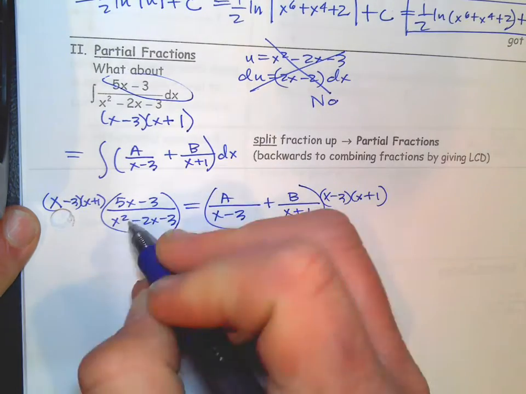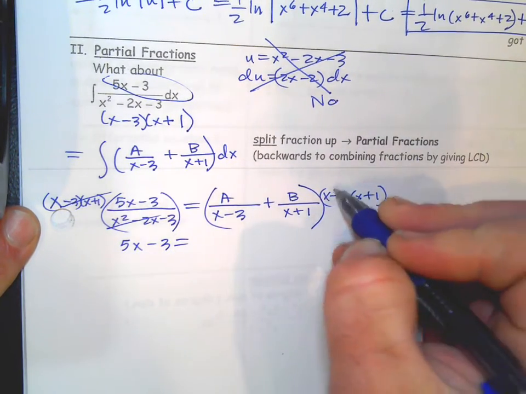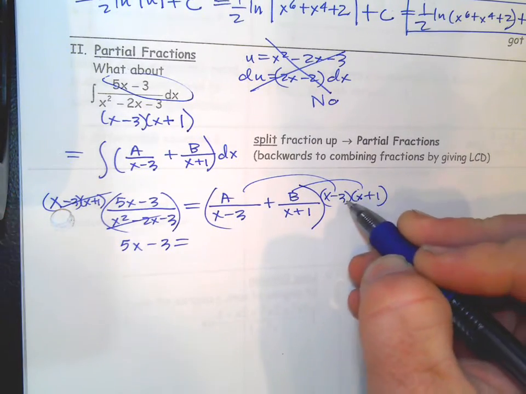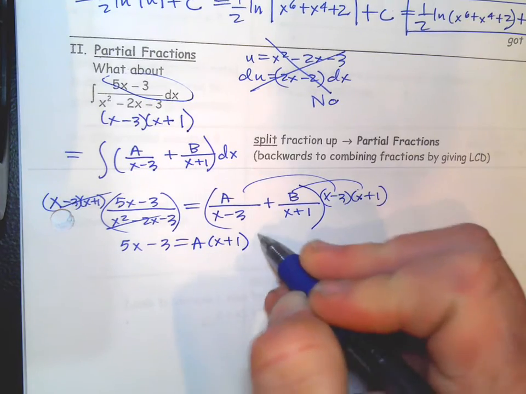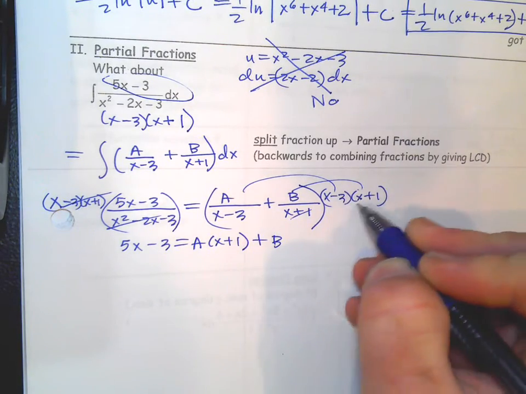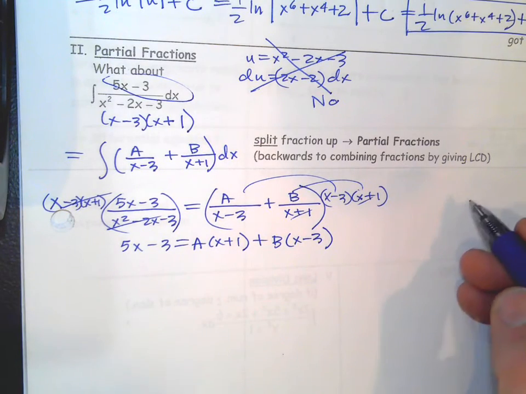And when we do that, these cancel out. So we get 5x minus 3. Over here, we distribute it. So here, the x minus 3's cancel out, but you still have an x plus 1 in the top. Here, the x plus 1's cancel, but you still have an x minus 3. And so that's what we do first.